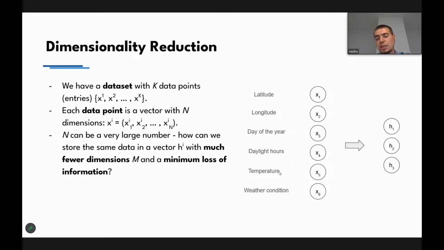And for temperature and weather condition, maybe you also can find a pattern given the position on Earth and the day of the year. Of course, you will expect that you will lose some information because temperature varies during different years and weather conditions as well. But this is part of the price to pay for reducing dimensionality.